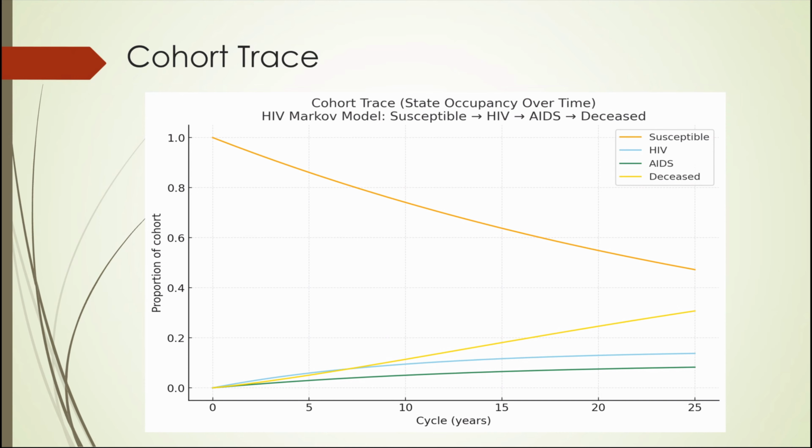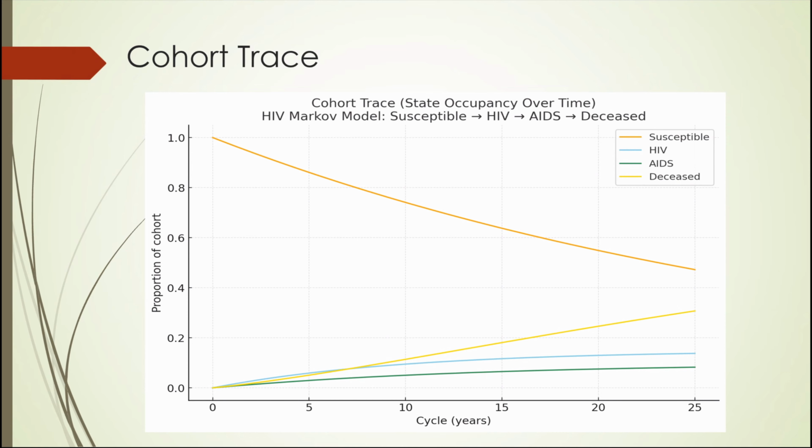As you can see, the number of susceptible at first consists of all of the population because the infection has not started yet. But as time passes, the number of susceptible people declines because more and more people are getting HIV. So that's how a cohort trace shows how the proportion of the cohort changes over time in a Markov model.